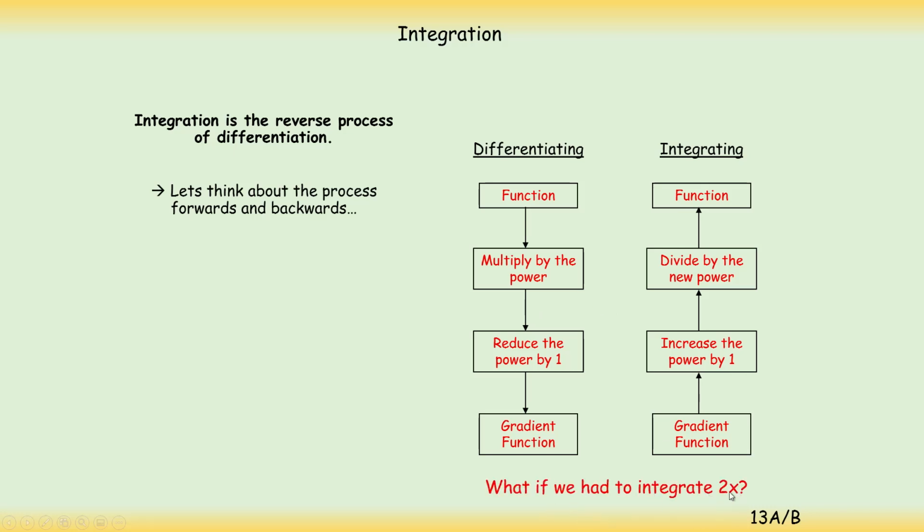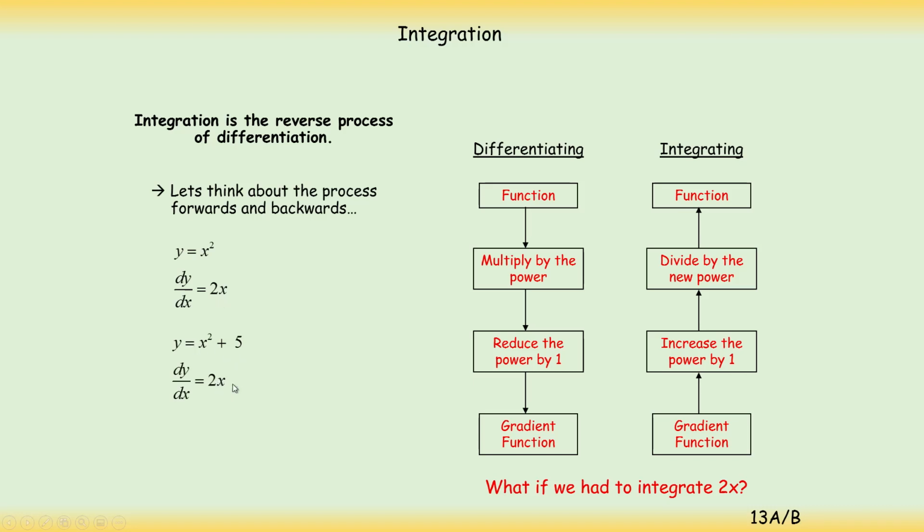So if we had to integrate 2x, well, going backwards, if we had to differentiate first, we've got x squared. Differentiate x squared, we get 2x. dy over dx is 2x. So if we reverse the process, we get x squared. However, if I was going to differentiate y equals x squared plus 5, I get the same answer, 2x.